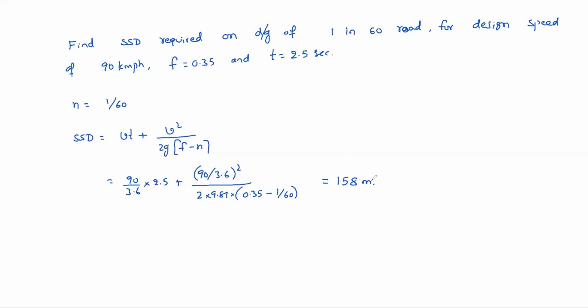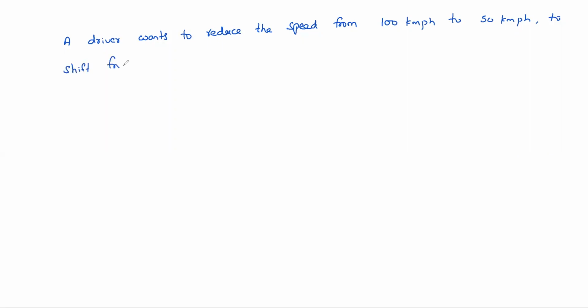Okay, next. A driver wants to reduce the speed from 100 kmph to 50 kmph to shift from a national highway to a state highway.